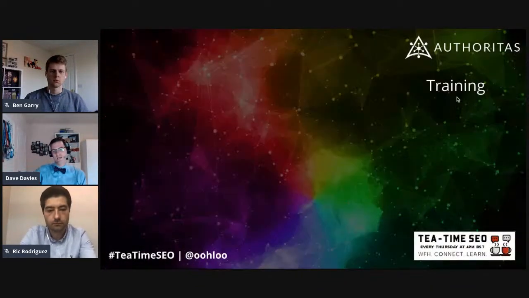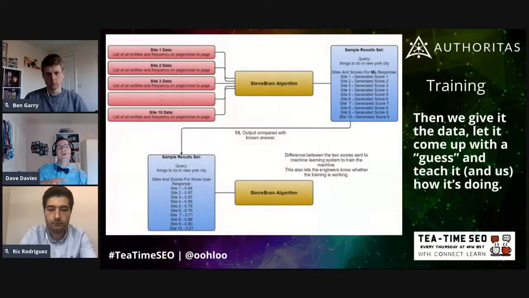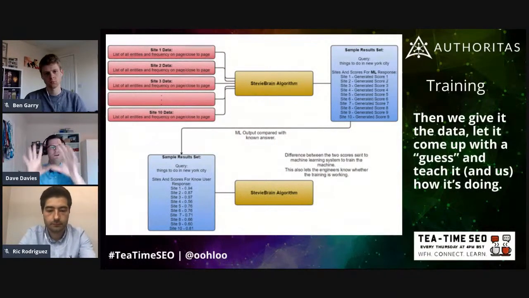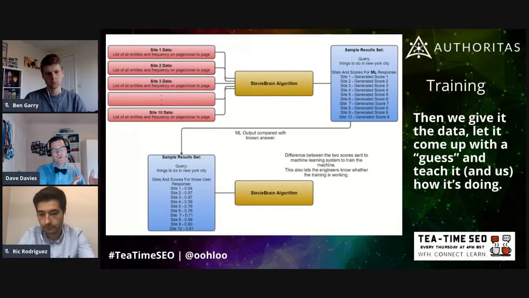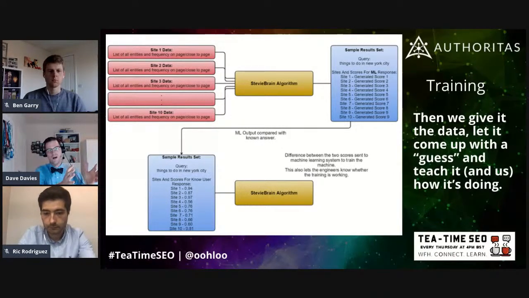Then we move on to the training stage. And in the training stage, they dump in the data. Stevie Brain comes up with a score. That score heads back over. It is compared with a known good score created by the Google engineer Stevie, or one of the millions of algorithms sitting behind there to create it.